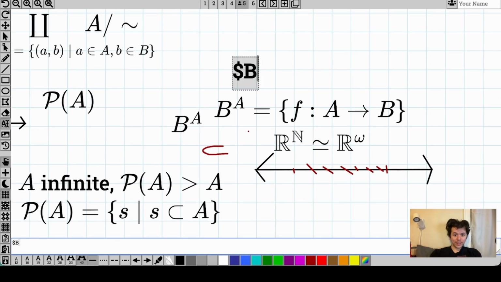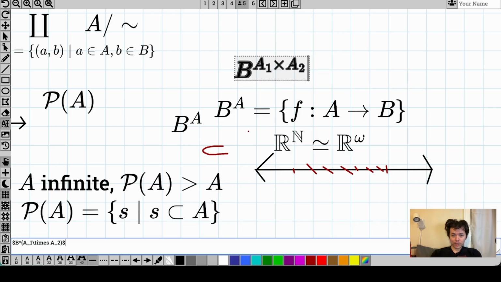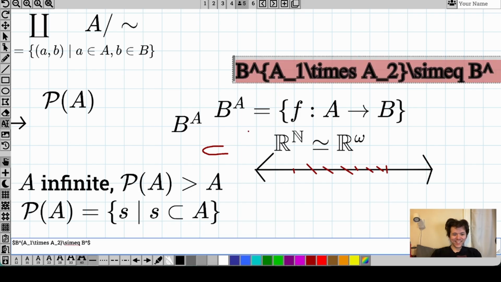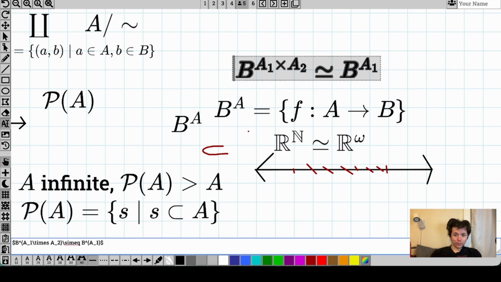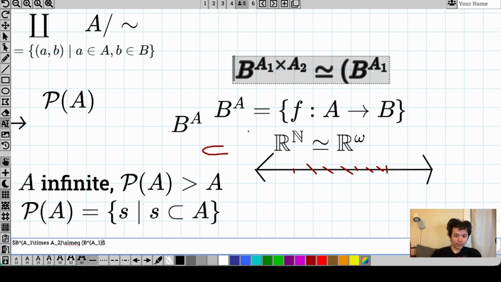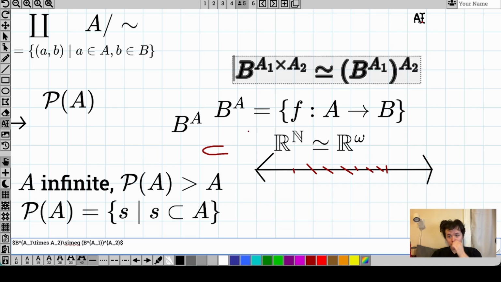Other properties work out too. Like B to the A1 times A2 is naturally isomorphic, which means isomorphic but in a good way, to B to the A1, to the A2.